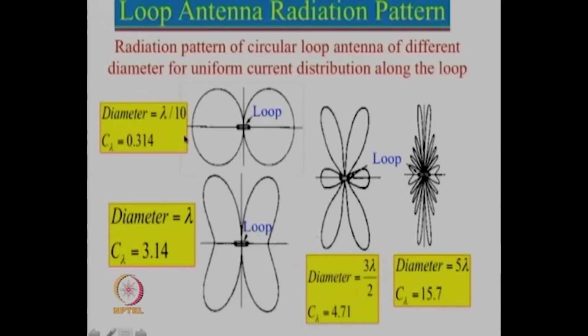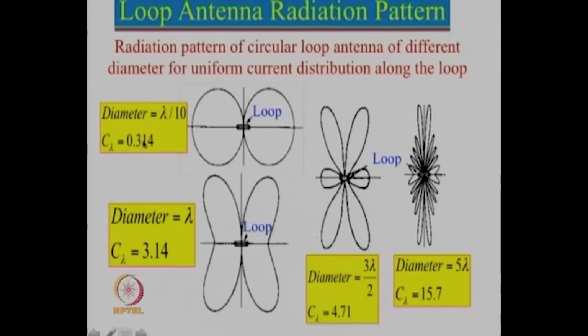Let us first look at the radiation pattern of the loop antenna. Here we have taken a diameter which is lambda by 10. So circumference will be equal to pi times d, and C lambda is C divided by lambda, which will be 0.314, nothing but pi divided by 10.